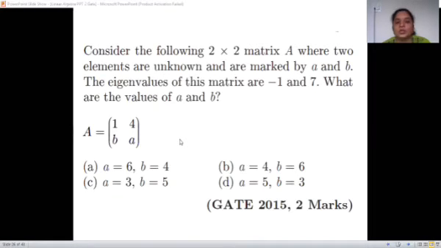Option D. Option B, 4, 6. D. D, okay, 5. A is equal to 5. Okay, A is 5 and B is 3. Are we saying A is 5 and B is 3? Anyone else have solved this? Please share here.